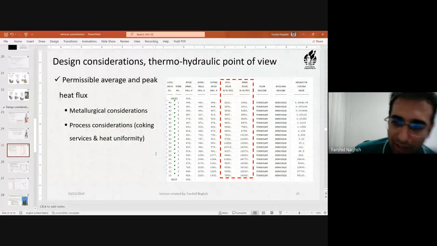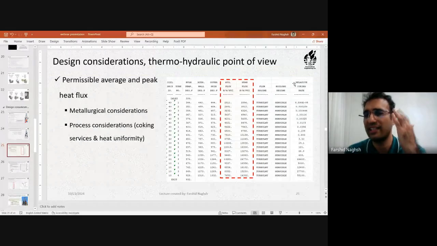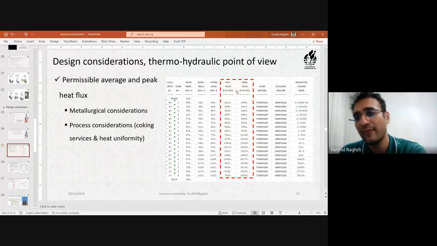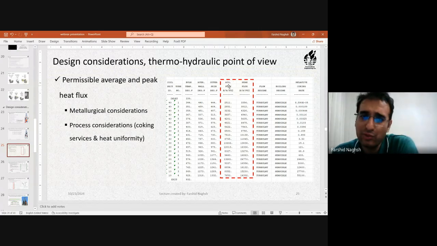So I have brought a report of one of the refinery heaters I have designed recently. There is hydrocarbon inside the stream. I don't remember the composition very clearly, but you see that we have two definitions. We have average flux, we have peak flux.